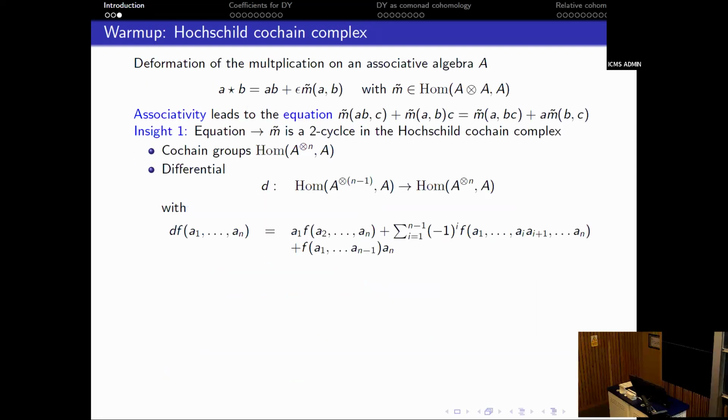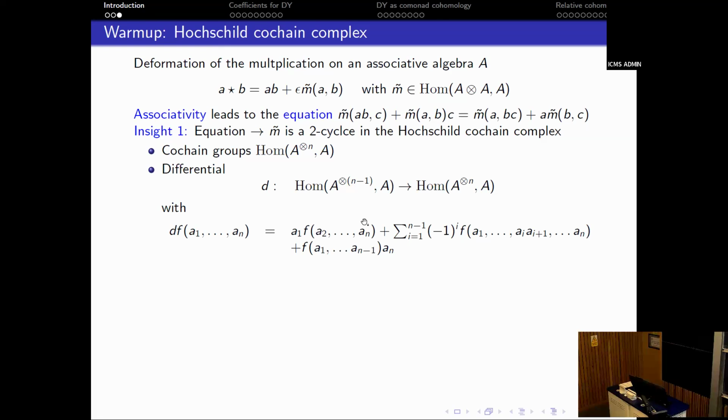Now, let me start with something which is, in a sense, algebraic kindergarten, the Hochschild complex. If you want to deform the multiplication of an associative algebra, what you should keep in mind is that associativity is an equation.